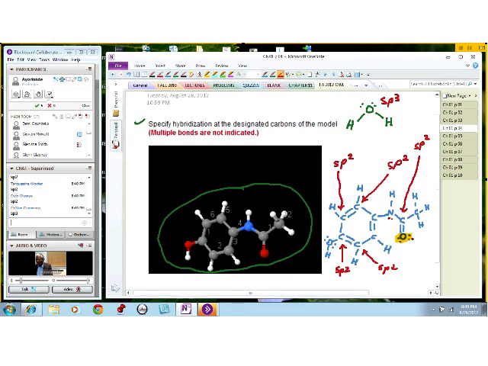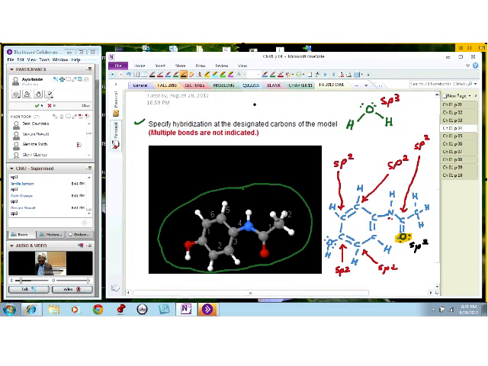So this oxygen, let me change the color, is an sp2 hybridized atom. What is the hybridization of this oxygen here? sp3. Excellent. Very good.